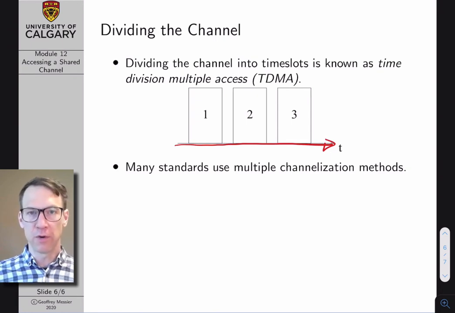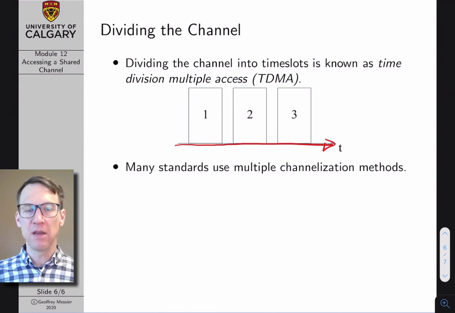I get the channel for a little while, somebody else gets the channel for a little while. And TDMA is used very commonly for internet communication. For example, Wi-Fi communication uses TDMA, so different nodes will transmit at different times over the shared channel. Ethernet is based on TDMA and so on.